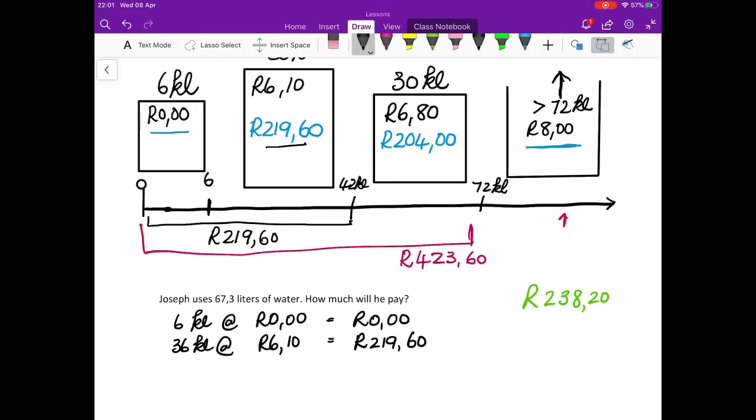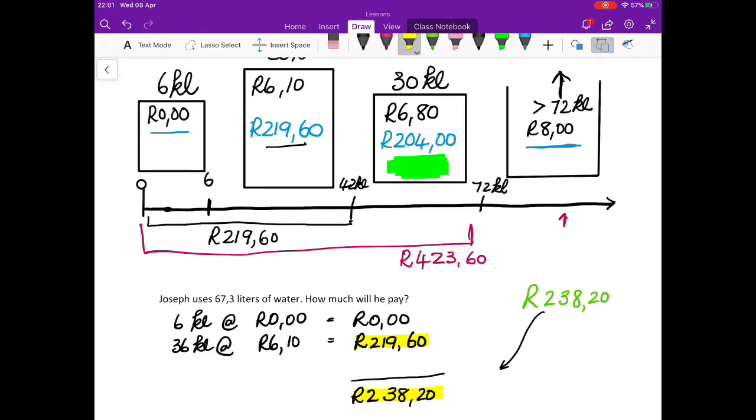And now I've got to see how much water he uses in this bucket of water. So what we're going to do is we know that we've got to get to a total of, so his total bill was 238 Rand 20. Right, now what must I add to 219 Rand 60 to get 238 Rand 20?